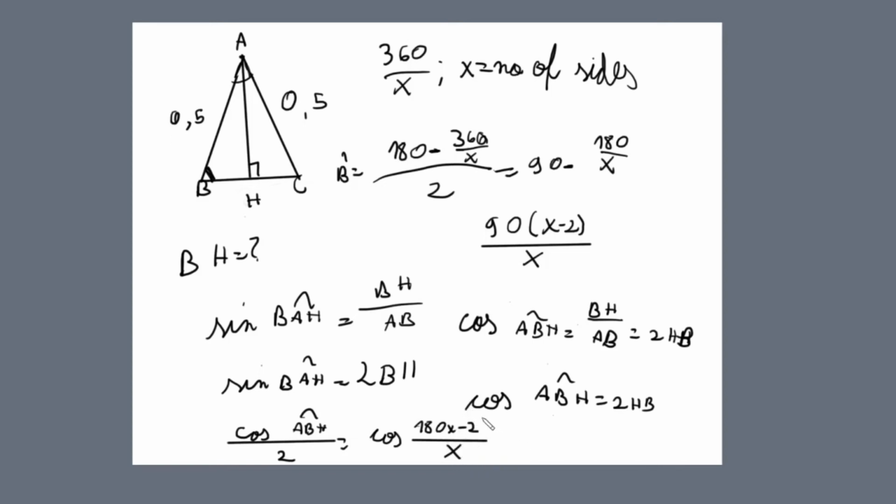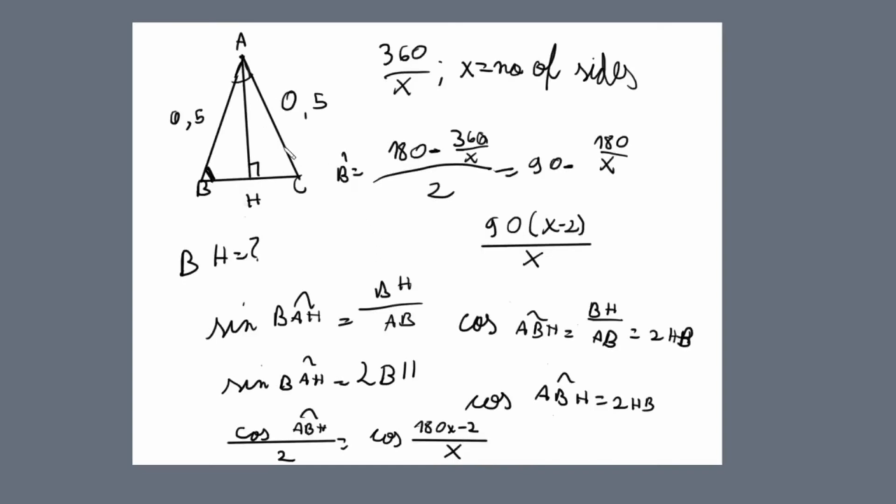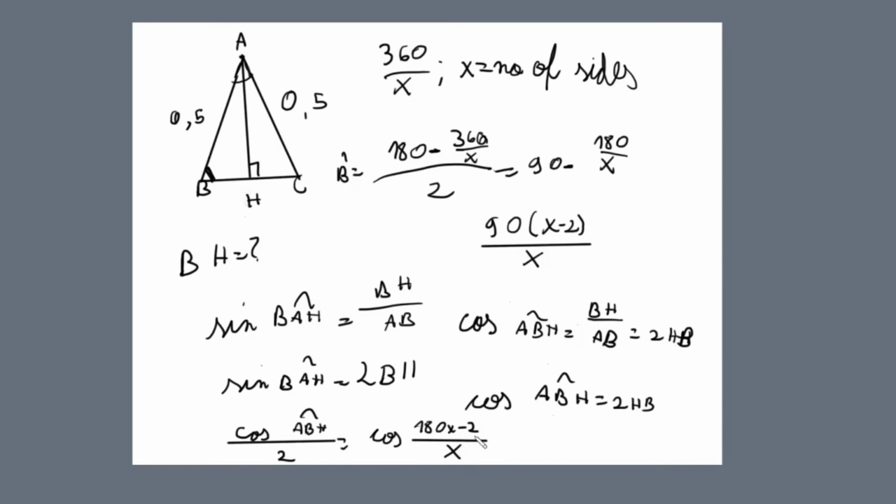Great. So let's see what we know. So it's the cosine of 180x minus 2 all over x. Right? Am I right? Please tell me I'm right. And I was right.